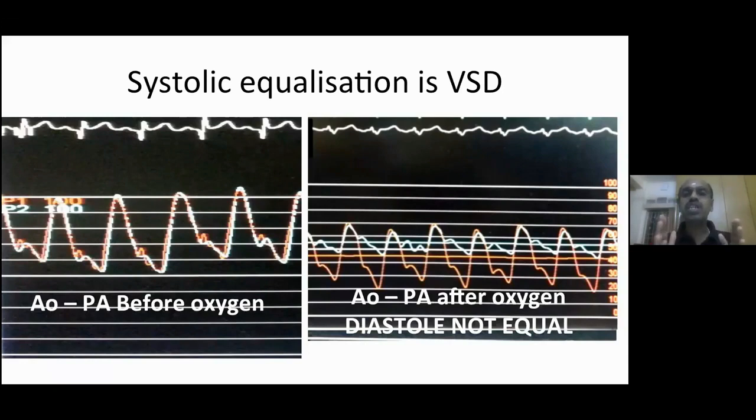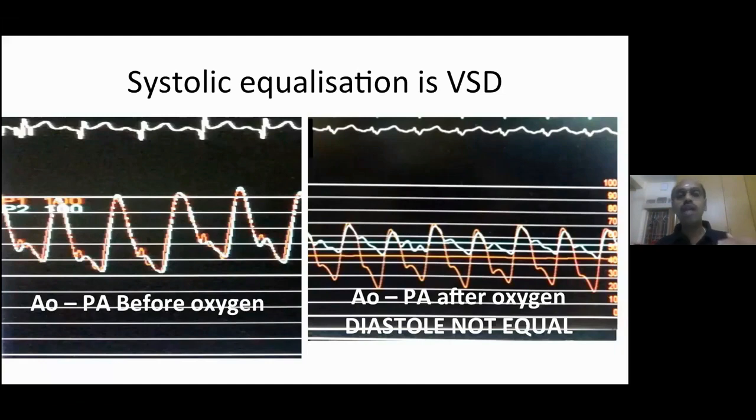By definition, if there is an extremely large PDA, the aorta is directly in communication with the pulmonary artery with a large lumen, and so the aortic systolic pressure and pulmonary artery systolic pressure will be the same. During diastole, even after closure of the semilunar valves, the aorta and pulmonary artery are still in continuity with each other, so diastolic pressures are the same.